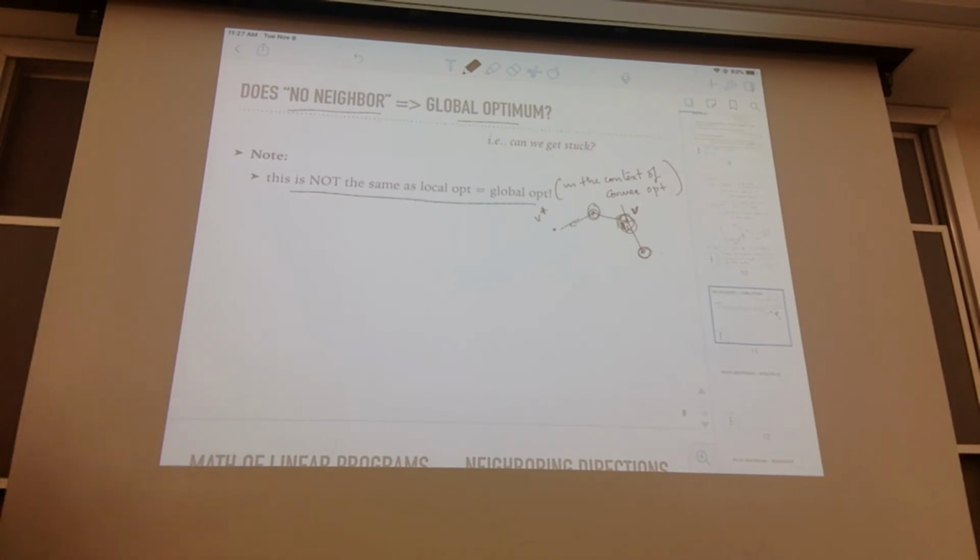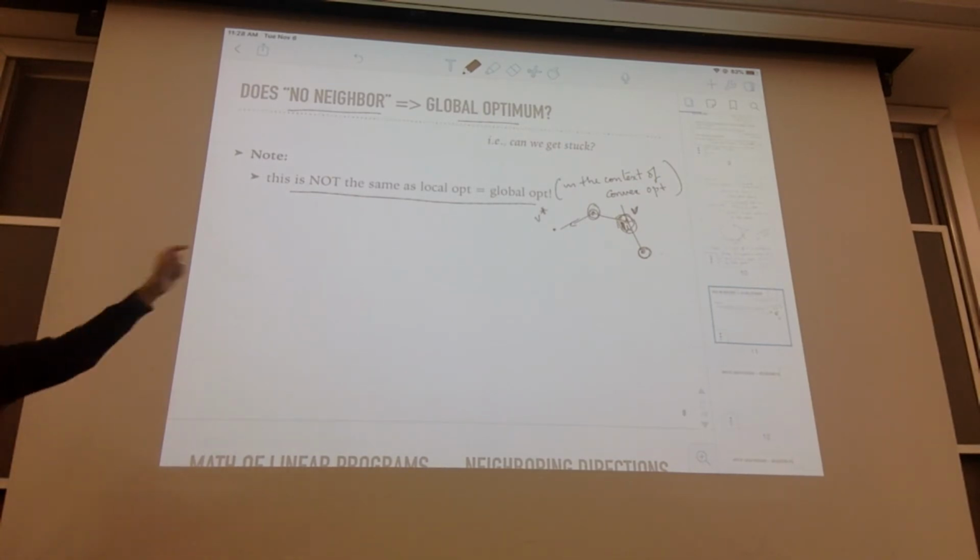Is it not useful to say that the optimization function is monotonic? Yeah, it is monotonic, sure. But you're not taking every direction.